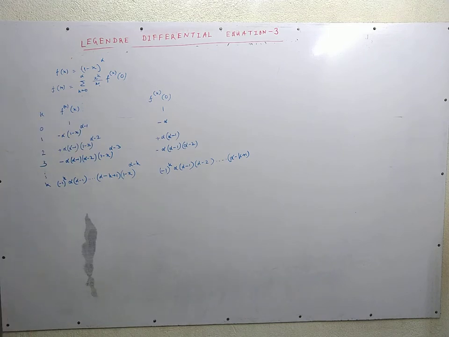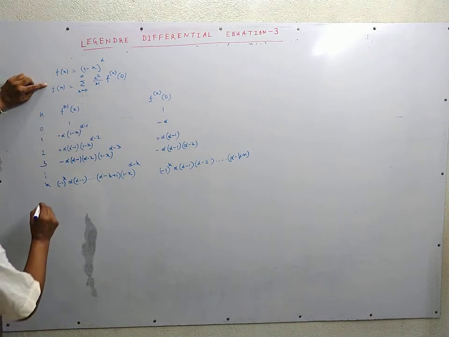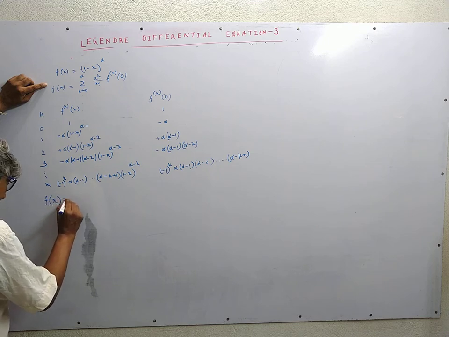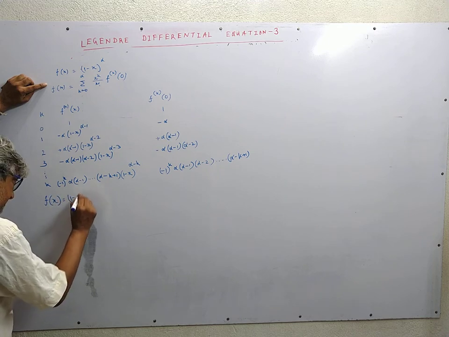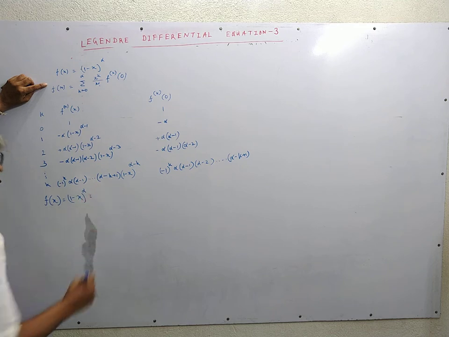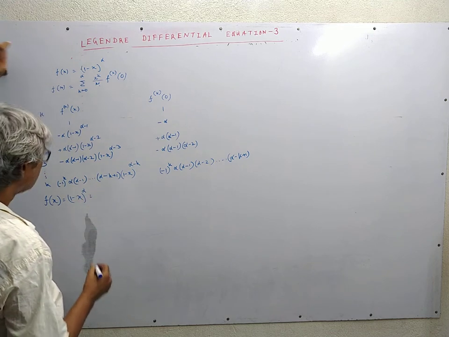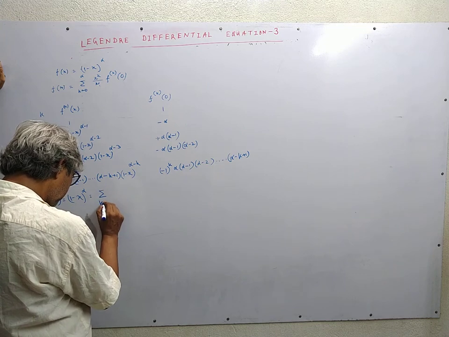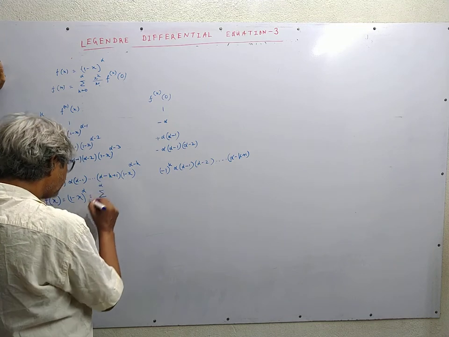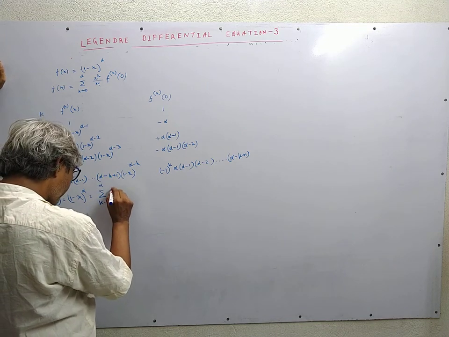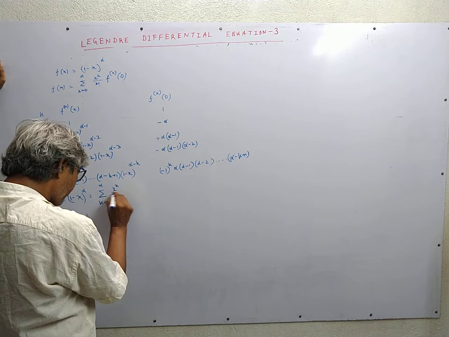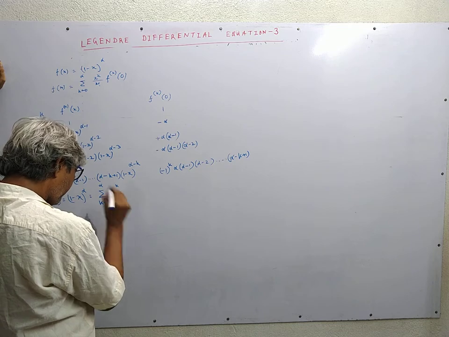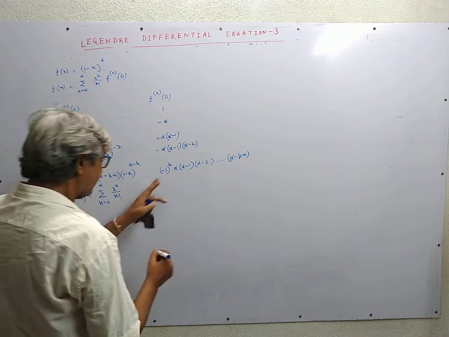So the Maclaurin series expansion is, with factorial k, and then this part.